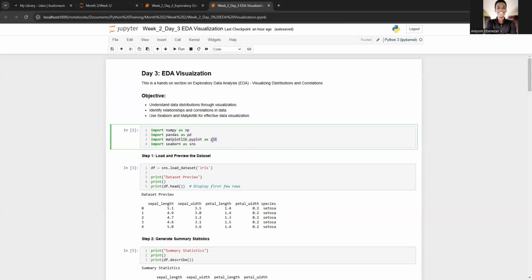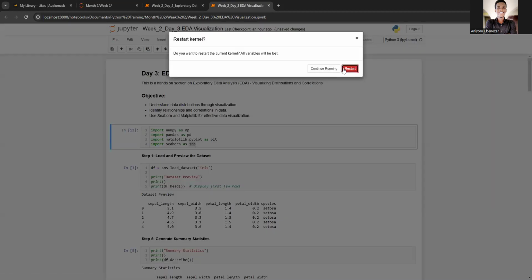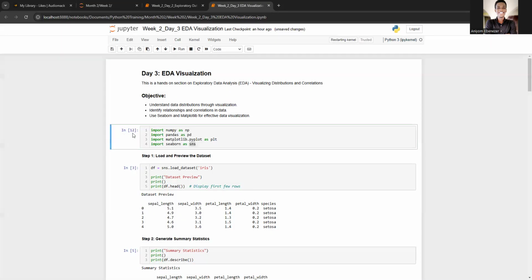That's just the alias name, and then seaborn as sns. Having done that, let's run this code. I will restart this all over again so we see it from the beginning.